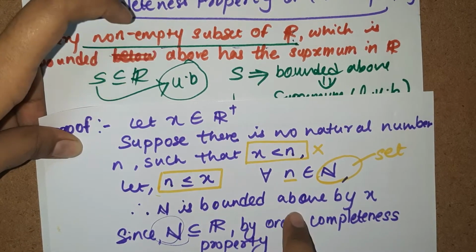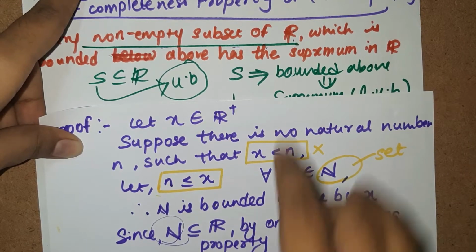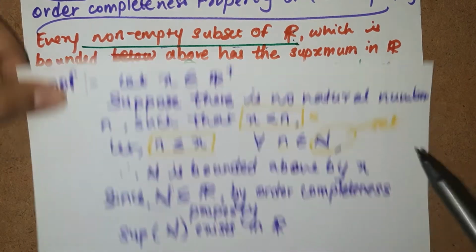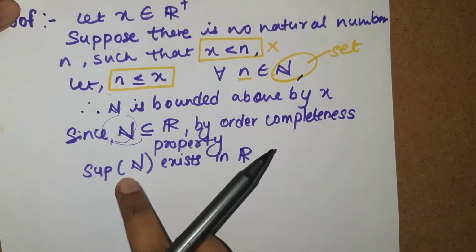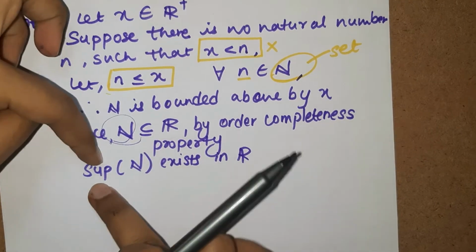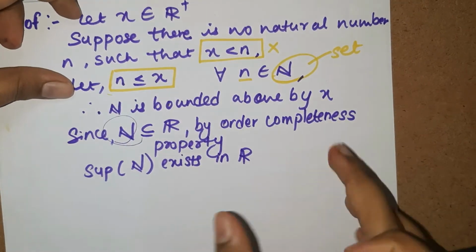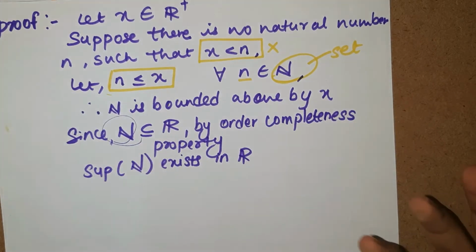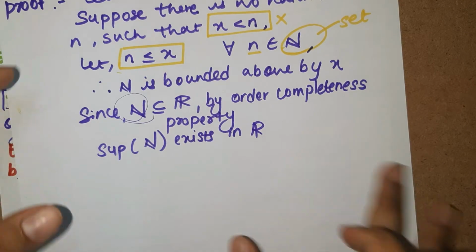We have proved that. So it is bounded above, and therefore it has a supremum in R. So the supremum of N exists in R, which means the least upper bound of set N exists in R. That's what they are trying to tell us.